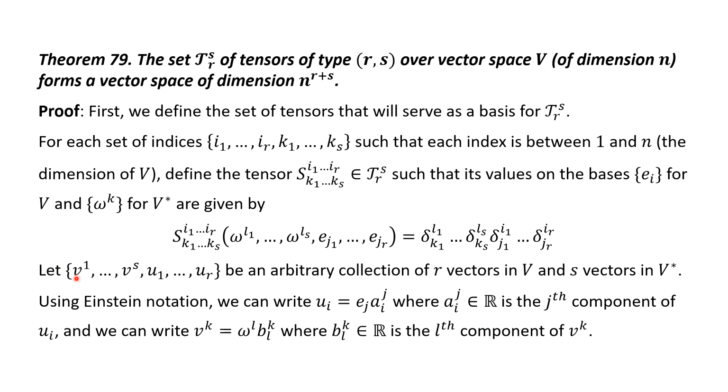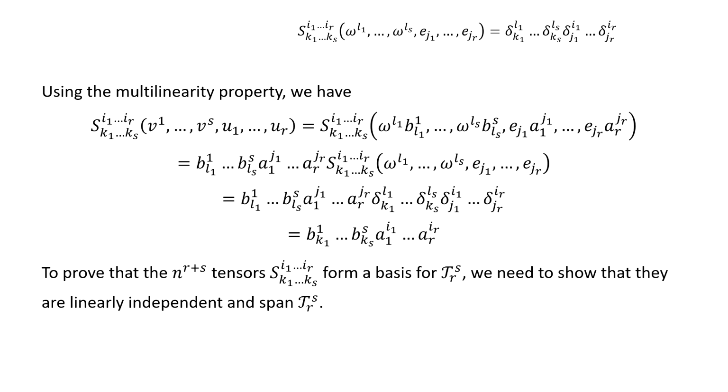Okay, then what we'll do next on the following slide is we'll take our tensor and evaluate it over this set of arbitrary vectors. I copied our equation, or definition actually, for our set of tensors, which we want to prove to be a basis. Copied that up here.